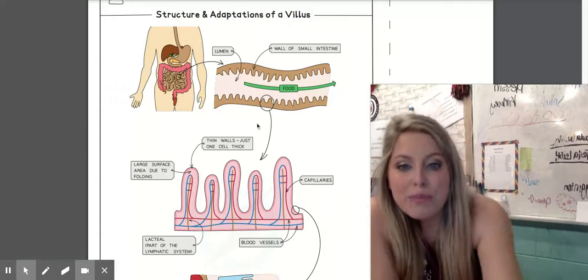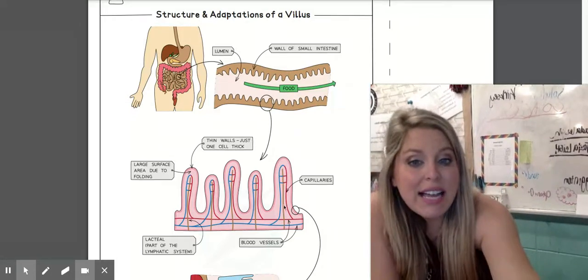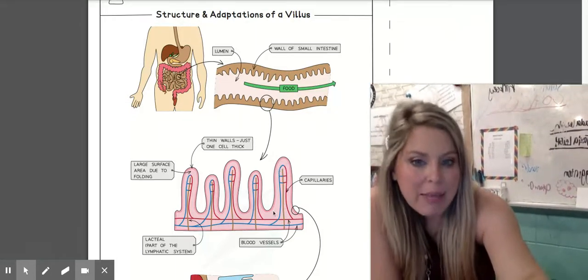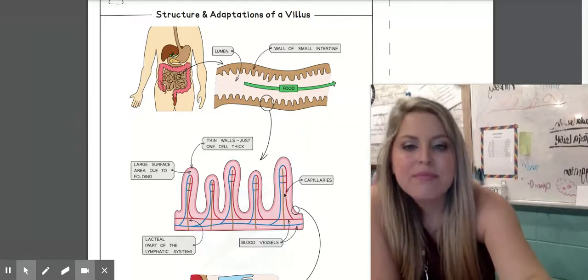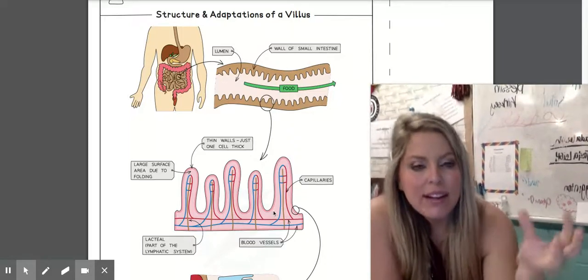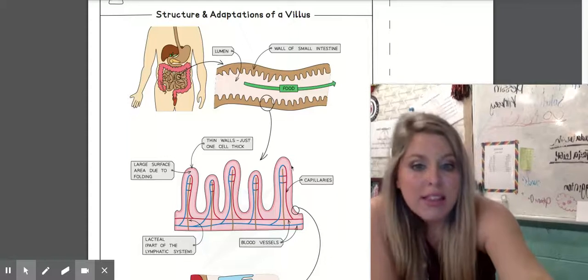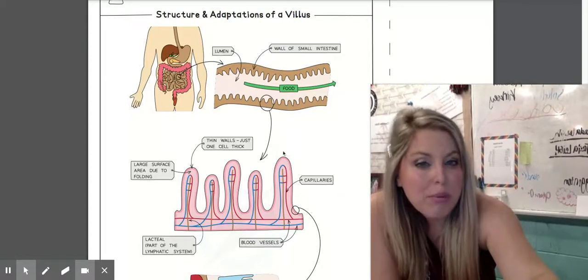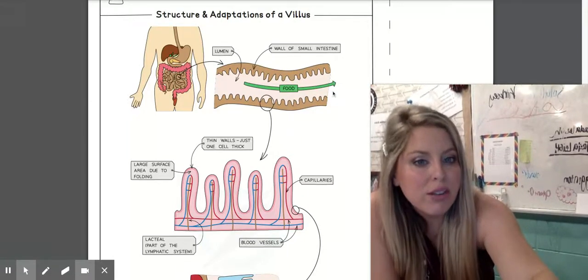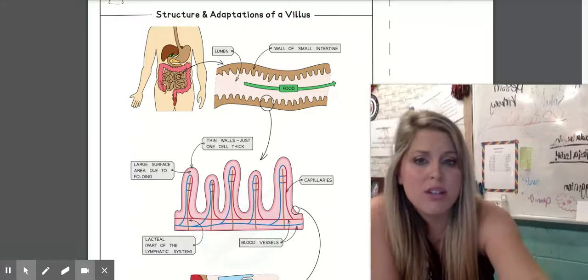Okay? So when we have these villi, they are packed with capillaries and blood vessels. What you have to picture is the broken down food moving through here through the process of peristalsis.